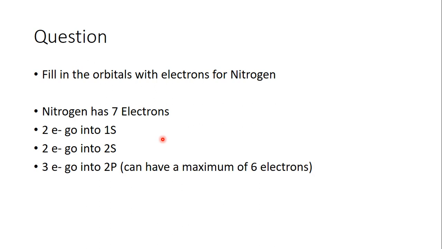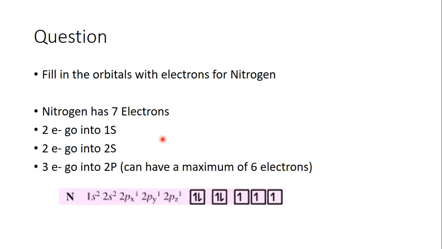And then 3 electrons will go in 2p. So it will be 1s2, 2s2, 2px1, 2py1, 2pz1. Or you can just write 2p3. And if you draw out the boxes, it looks like this. Remember, these can be spin up or spin down. The important thing is that they're not paired yet because of Hund's rule.